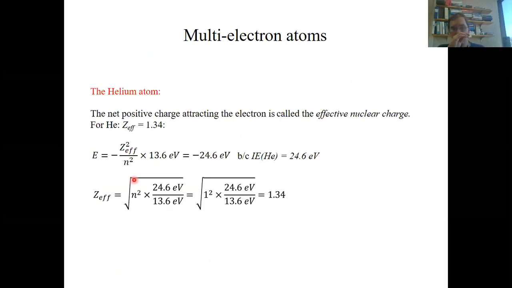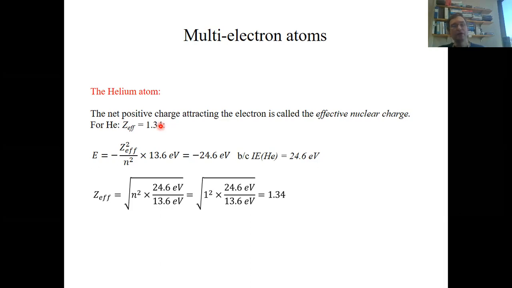So now for the helium atom, this effective nuclear charge for the second electron is 1.34. You see that's smaller than 2, the formal positive charge of the nucleus.